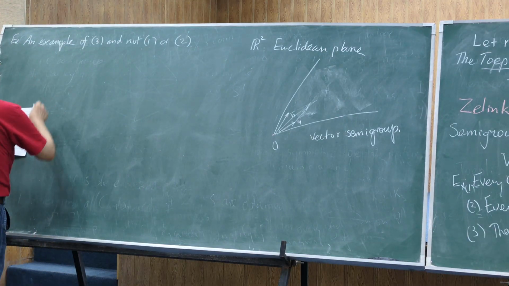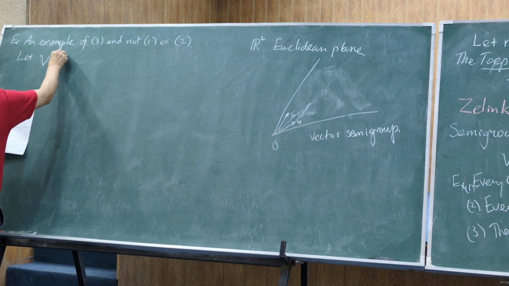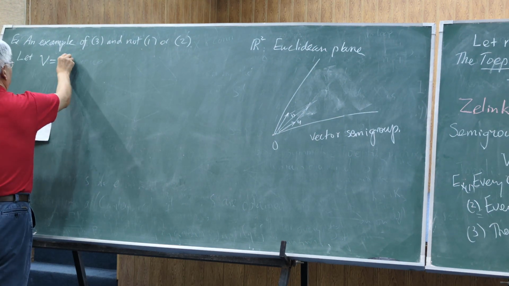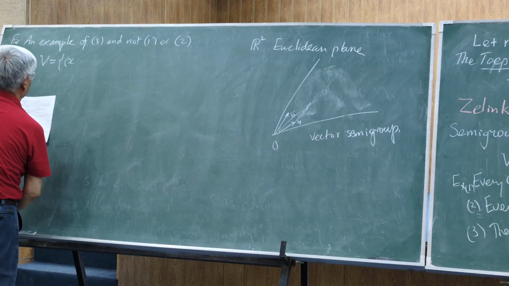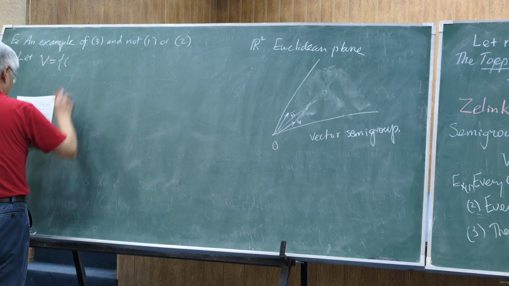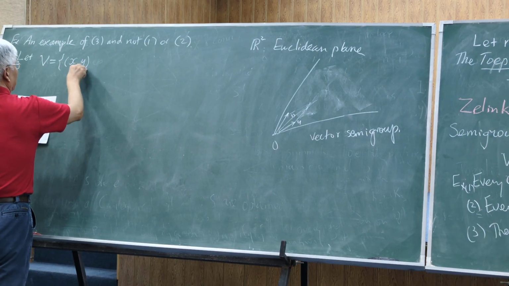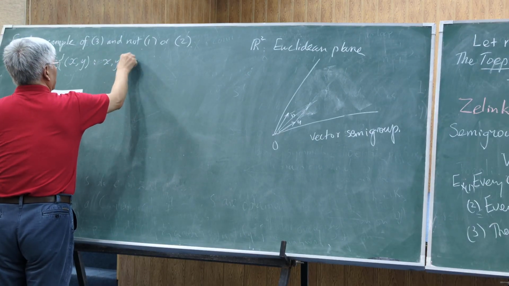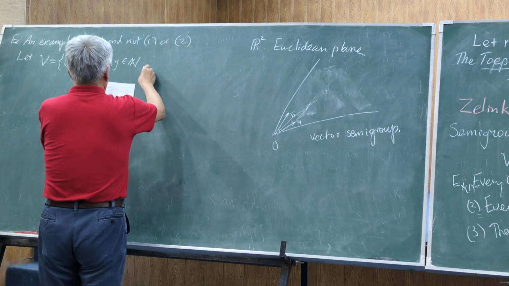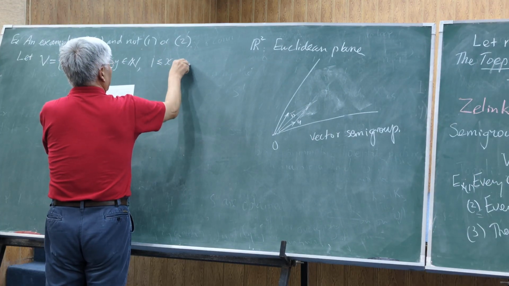Let us take V equal to xy, in the Euclidean plane, so ordered pairs of numbers, in this case natural numbers. x, y are natural numbers, positive integers, and x is not greater than y.